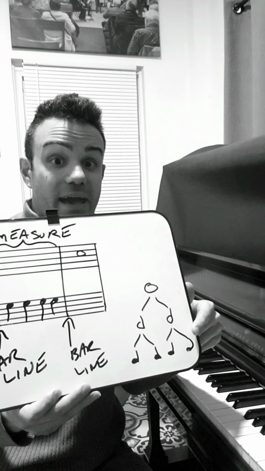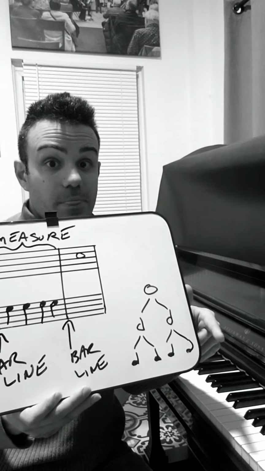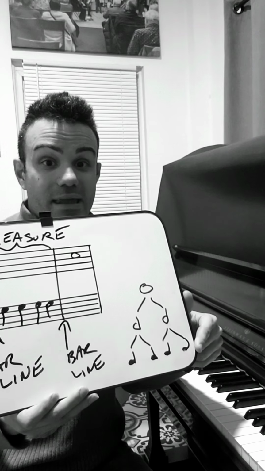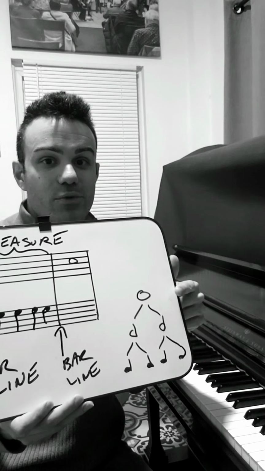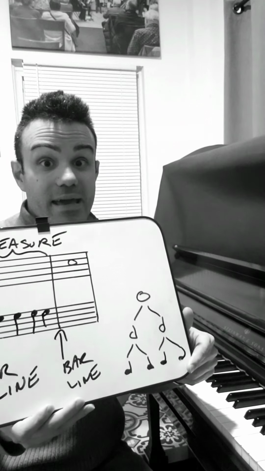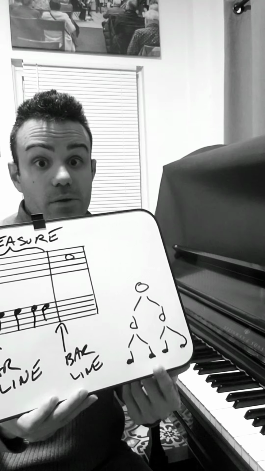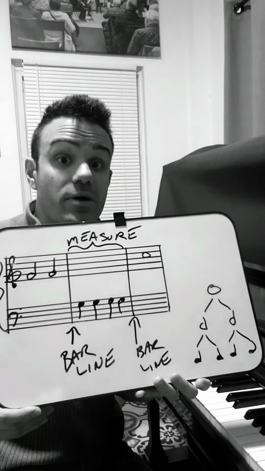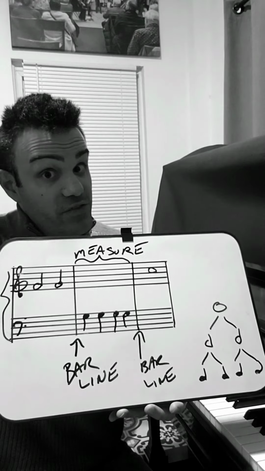So don't forget, 2 quarters are equal to a half note. 1, 1, 1, 1. And go from here to the top. So this makes sense too, right? You have 4 quarter notes and they're equal to a whole note. A count of 4 is a whole note, and 4 counts of 1 are equal to a whole note. So that's very helpful, I hope, in understanding note lengths and notes in relation to each other.